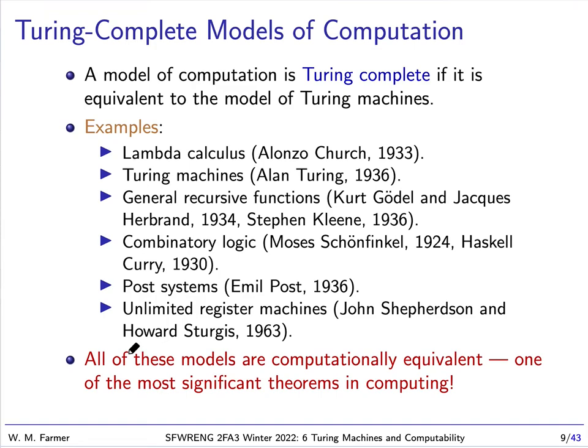Now, all these models are computationally equivalent. They are all Turing-complete, and this is one of the most significant theorems in computing: that people were able to develop models of computation very different from each other, but they all capture the same notion of computation. They're all equivalent, and this same notion is what we call being Turing-complete.